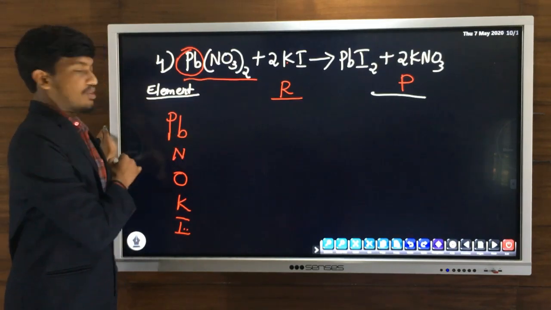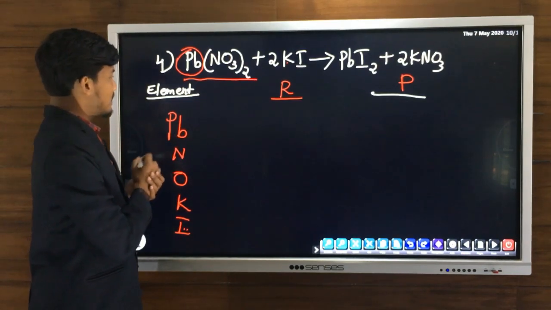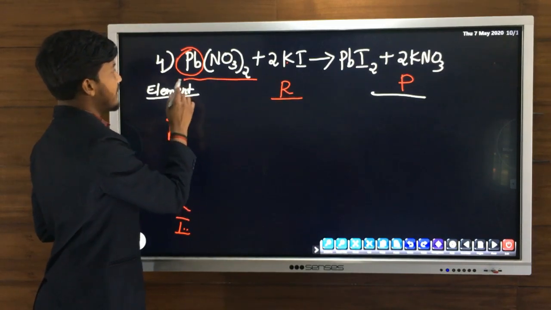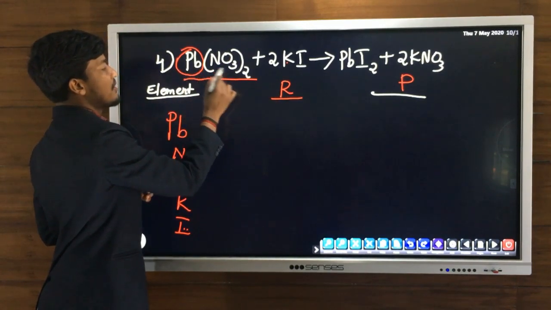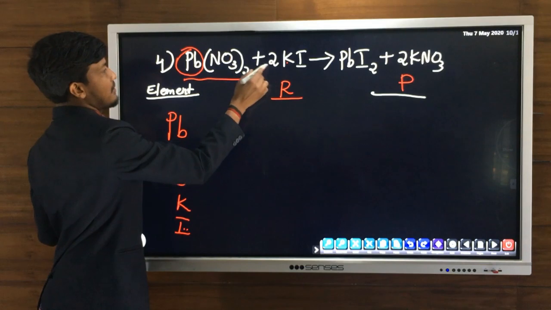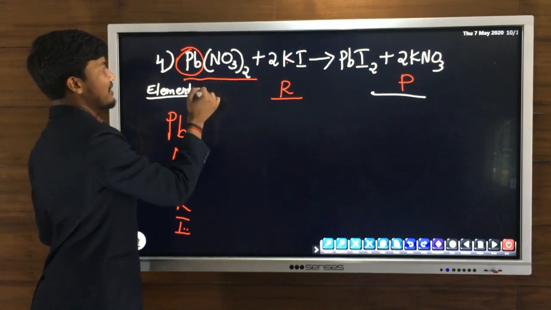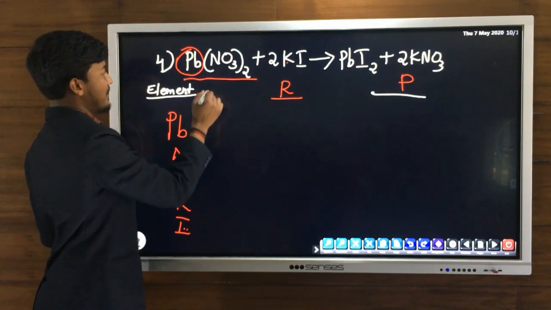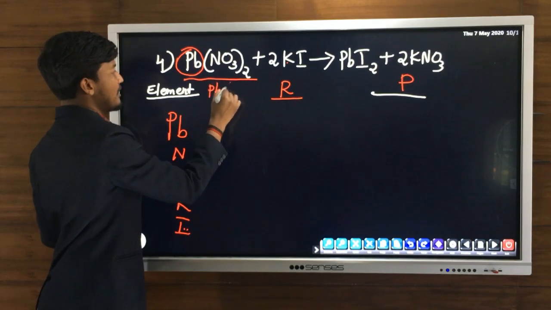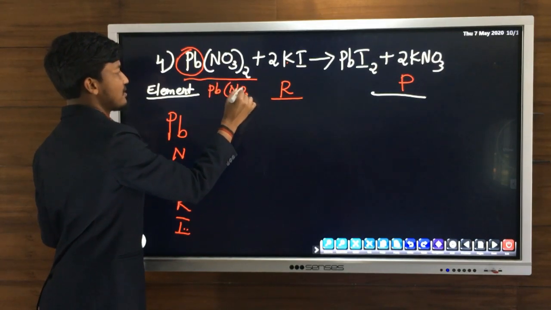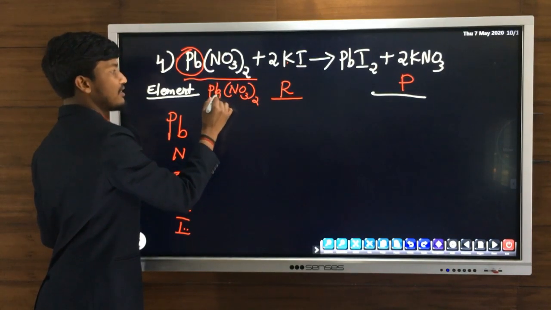First we will count the number of Pb atoms, lead atoms. On the reactant side, lead is in the first reactant, Pb(NO3)2. Pb(NO3)2 means Pb1 and (NO3) twice.